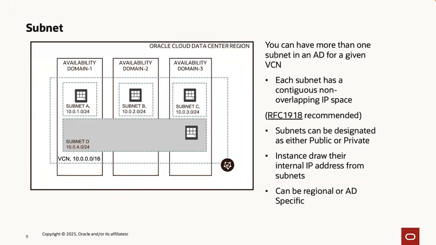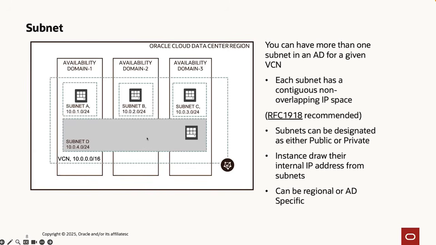That means that any resource that you create in subnet D for this example, you can allow OCI to select what AD that resource is going to fall into, or you could specify what AD you want. And this is really important because for AD specific subnets, so in this diagram, subnet A, subnet B, and subnet C would be AD specific, subnet D would be our regional.